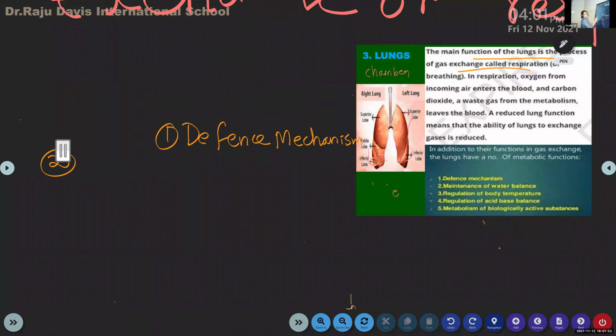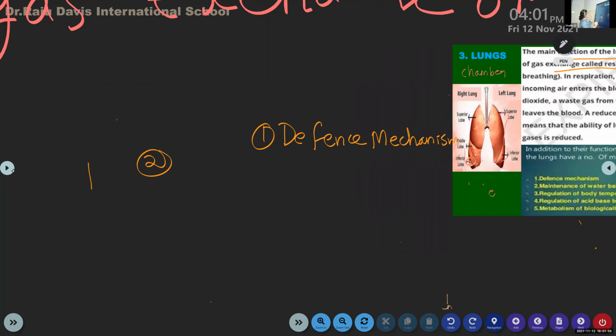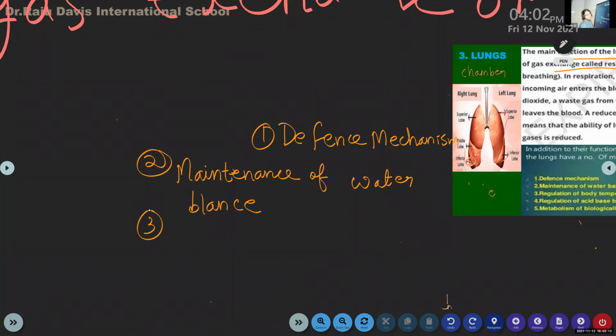Second one is maintenance of water balance. And third one is regulation of body temperature. It controls our body temperature.